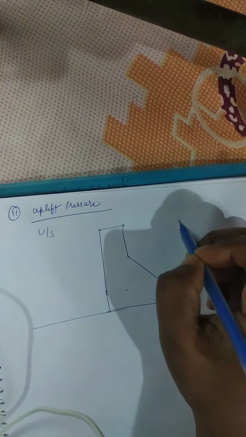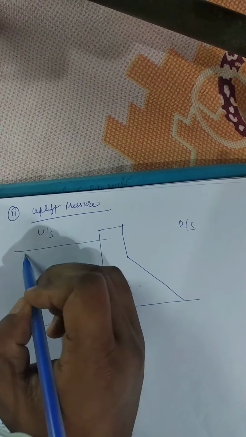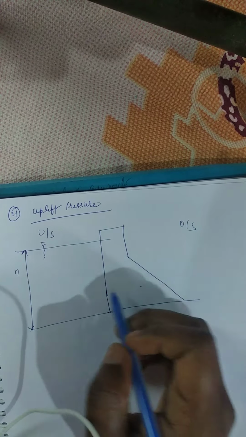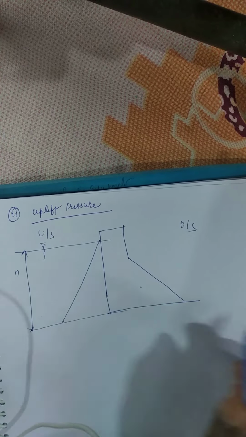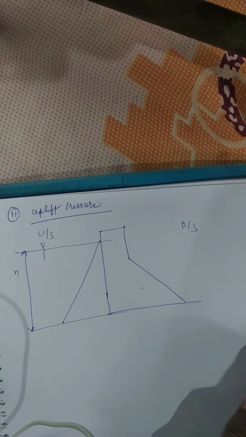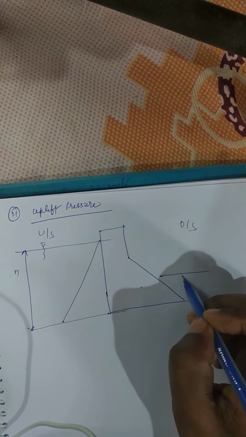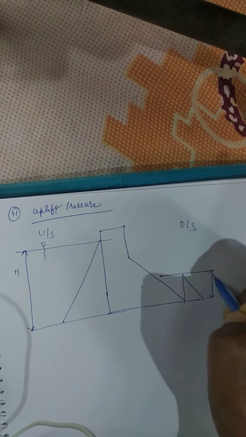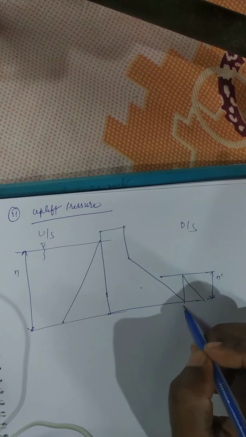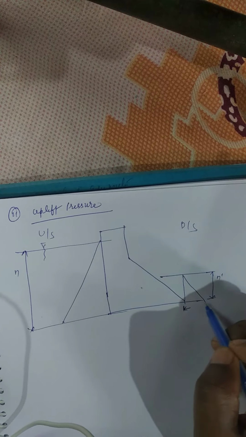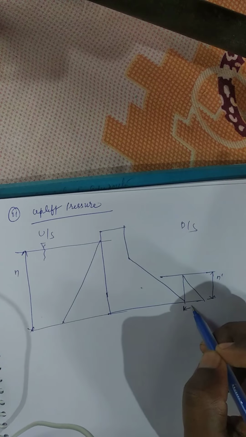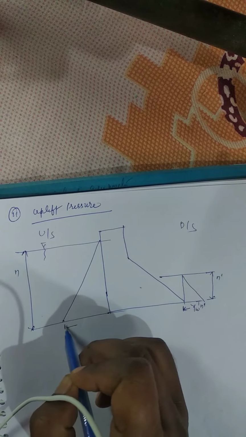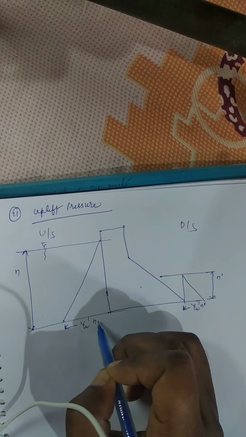This is the upstream, this is the downstream. This height is h, and this is the water pressure, and this is the tail water pressure. This height is h dash, and the intensity of pressure over here is gamma W into h dash, here gamma W into h.